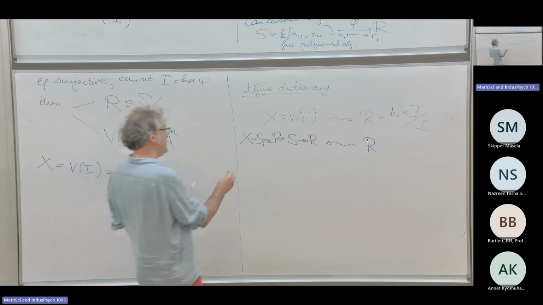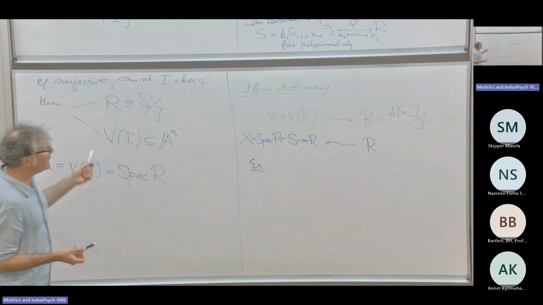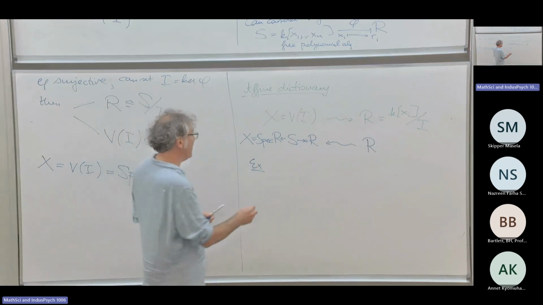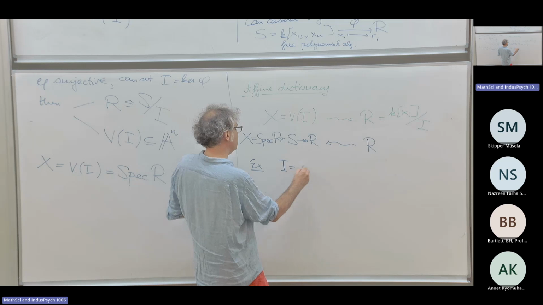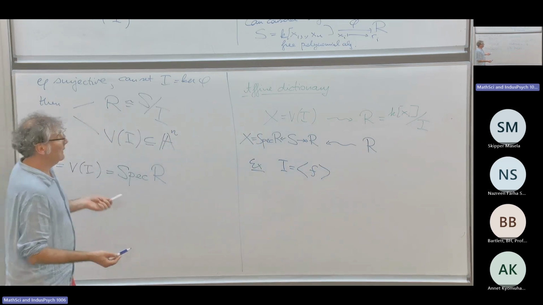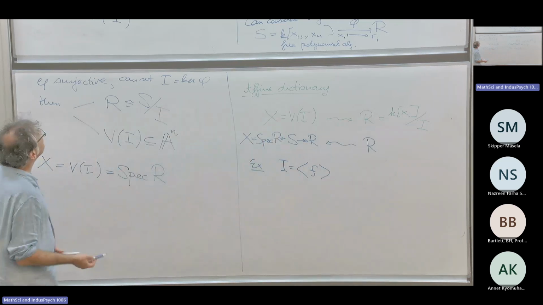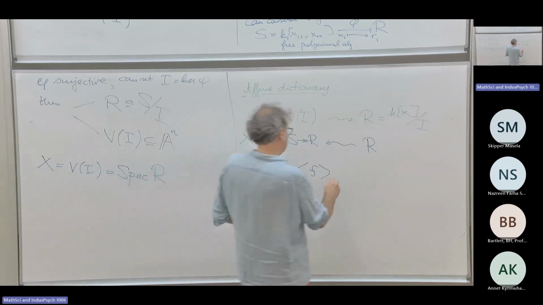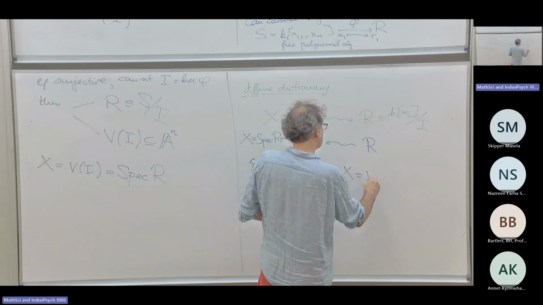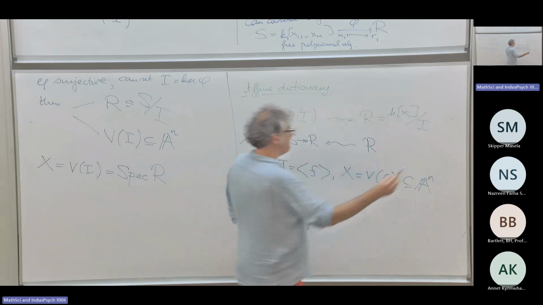And one very specific example I want you to always keep in mind is the case of a principal ideal generated by one polynomial f. This is a very general and important example. And then X is the vanishing locus of a single polynomial inside affine space.